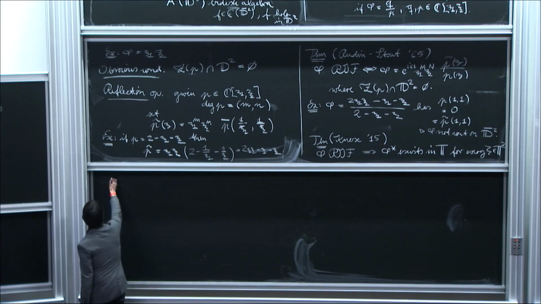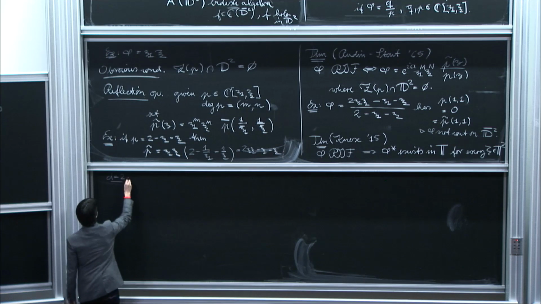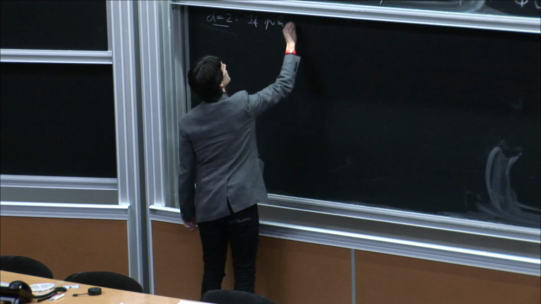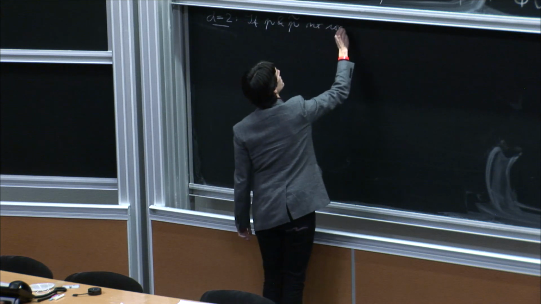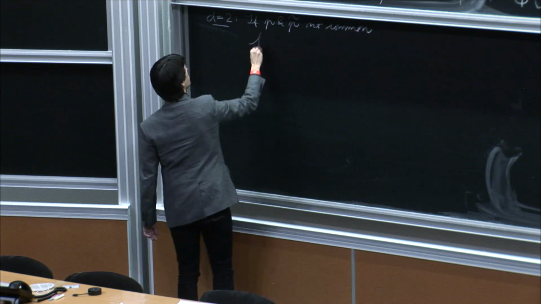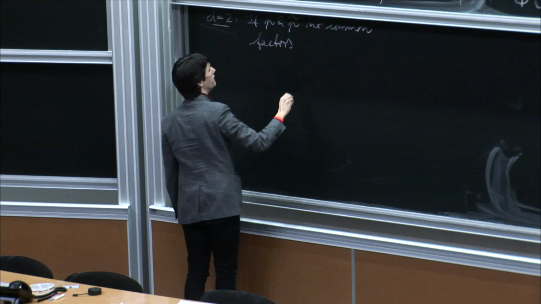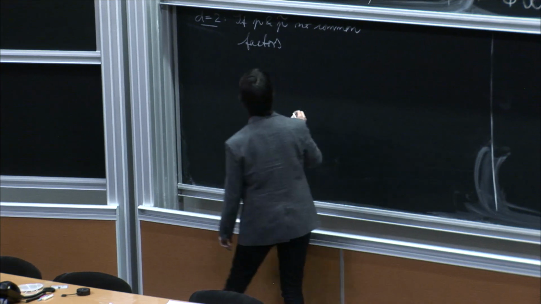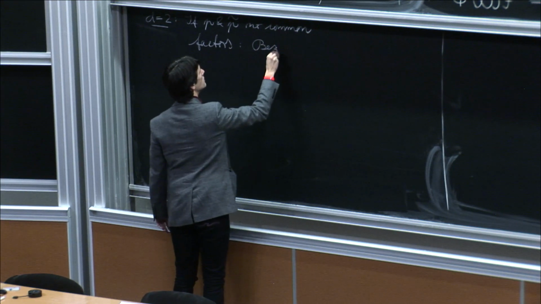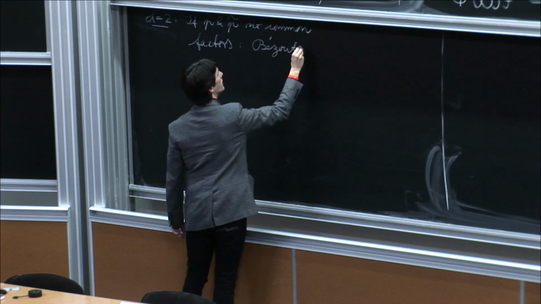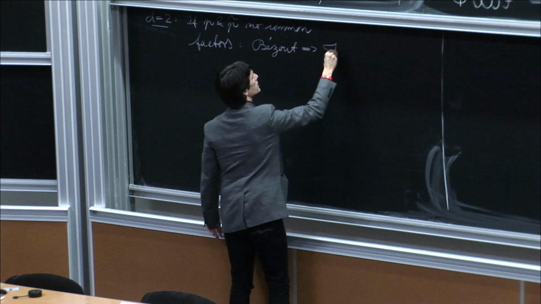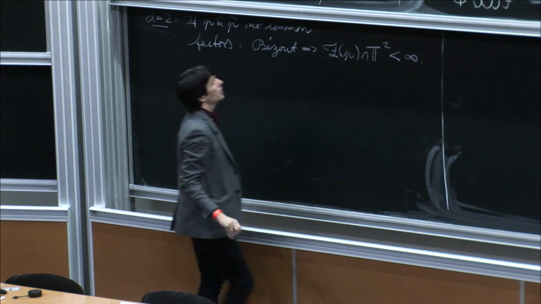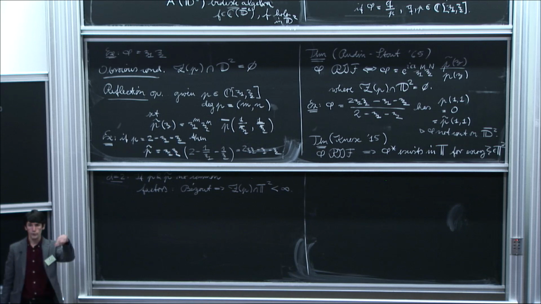Okay, so one thing that's special about the two-dimensional case is the following. If P and P tilde have no common factors, then essentially as a consequence of Bezout's theorem, the number of zeros of P on the 2 torus is going to be finite.